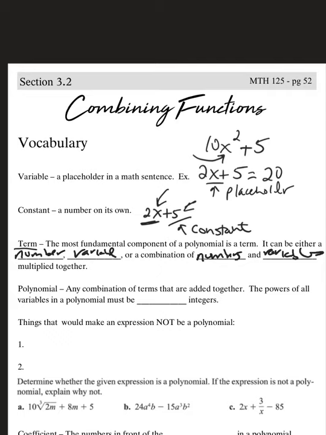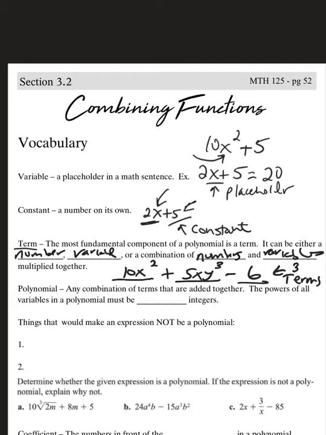So a term can look like this. It can look like 10x squared. It can look like 5xy cubed. It can look like 6. These are all terms, and terms are separated by plus signs and minus signs. So if I did this here, we would say that this is 3 terms.